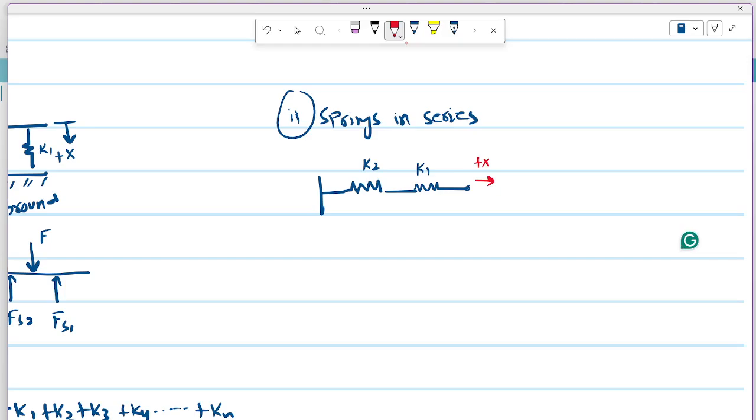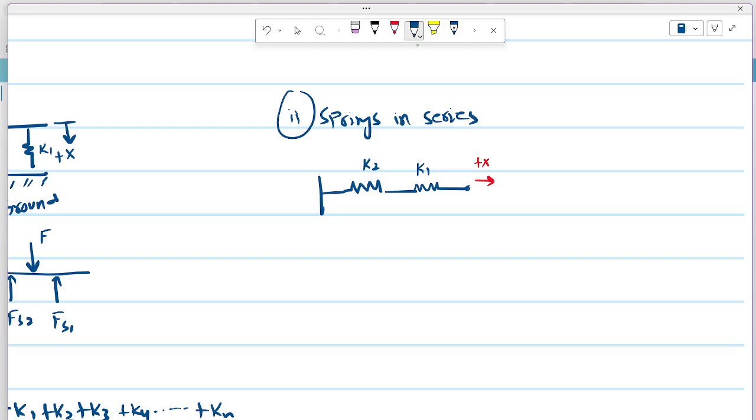Because they are in series, their displacements are not directly or perfectly connected to each other. Take the example of tying two elastics together, tying one end of the other elastic to the wall, and trying to pull it. The first elastic that is in your hand will be in tension more than the second elastic, right? So they will not have a uniform displacement. They will have different displacements.